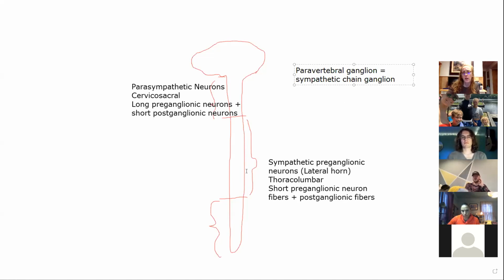So the neurons from the sympathetic nervous system, their cell bodies are going to be in the lateral horn inside the spinal cord. And then they're going to extend out to the sympathetic chain ganglion, which runs right next to the vertebrae.